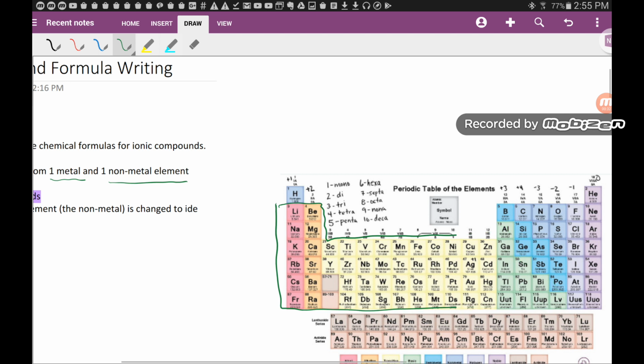All these are metal elements, and on this side we have non-metals. All of these are non-metals, including hydrogen as well.